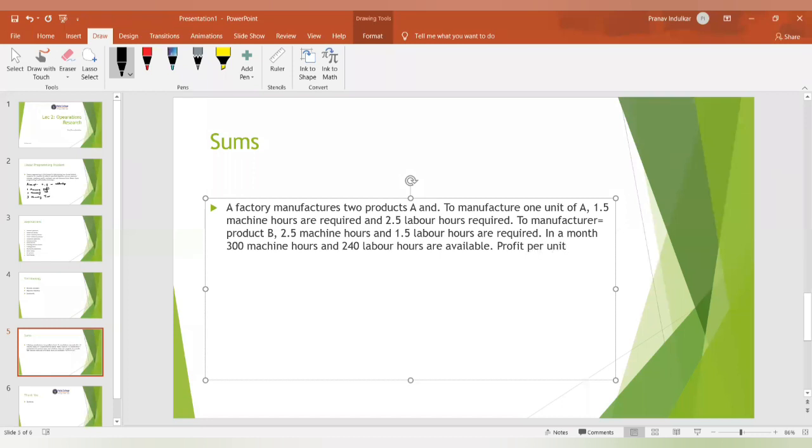Clear with that? The next part, profit per unit for A is 50 and for B is rupees 40. Formulate linear programming problem.